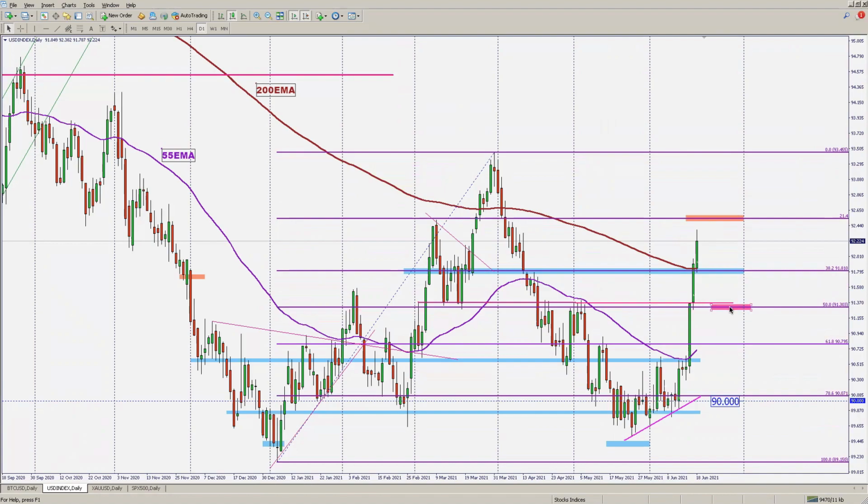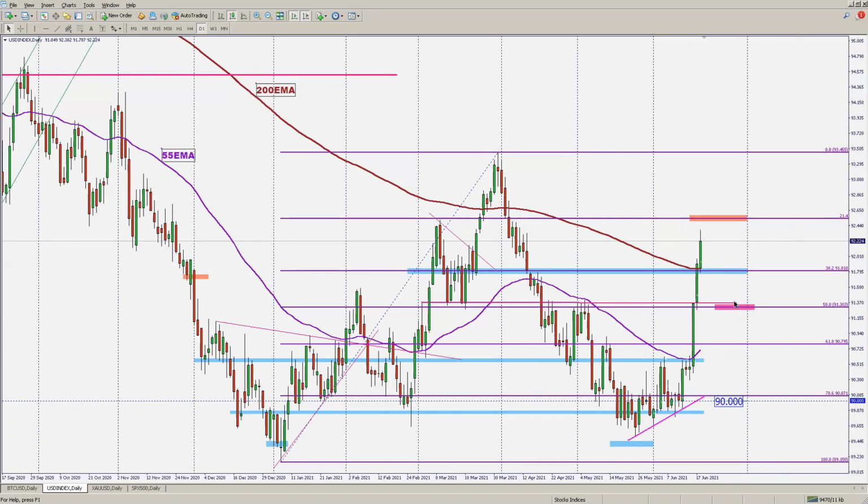So support now is at the 38 fib retracement near the daily 200 EMA, and there's an interim support below that at the 50 fib.